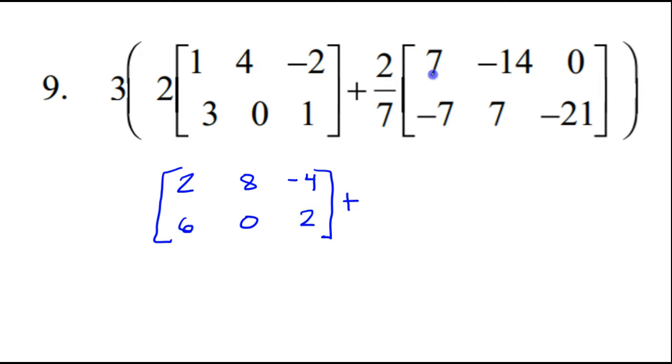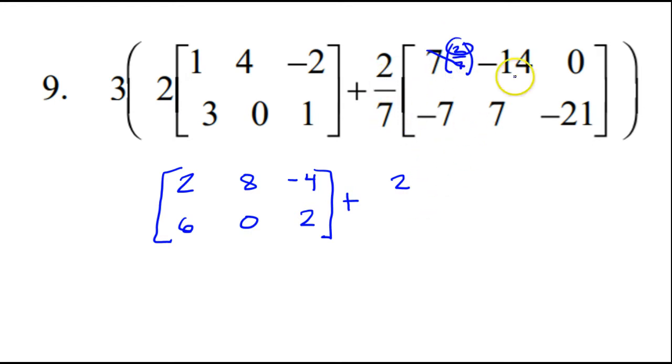2/7 times 7 is 2. Okay, and in my mind, I'm doing this. If I do 2/7, the 7s are going to cancel out and just leave 2. All right, that's what I just did.